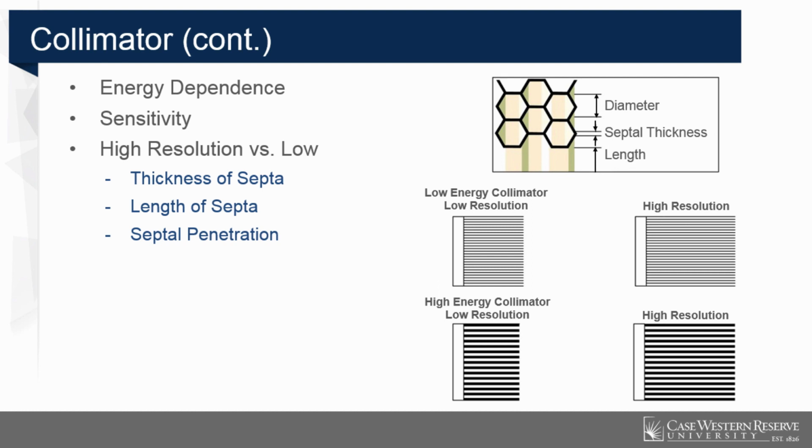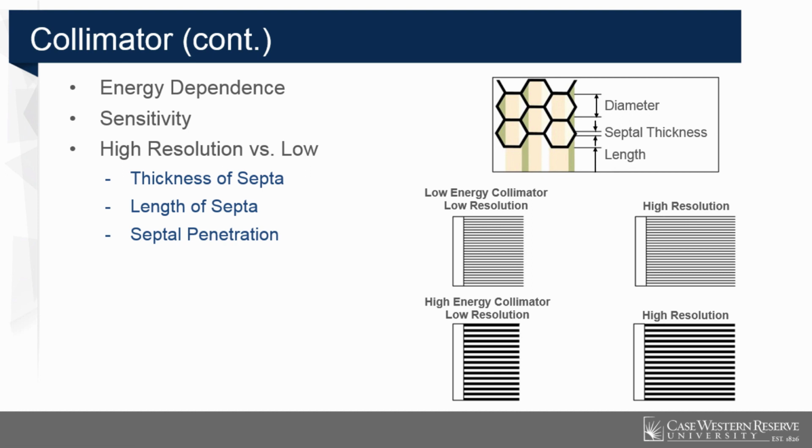Here we show some details. These collimator holes are packed like honeycombs and separated by the so-called septa made of heavy metals, lead or tungsten. That's why I said it's actually very heavy. You probably would not be able to pick it up. And it has different parameters for trade-off.